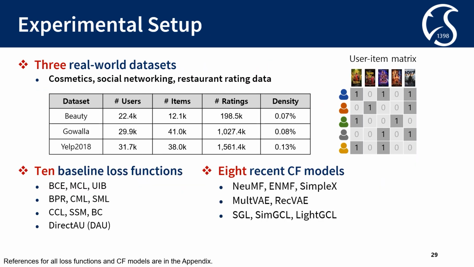In the experiment, we evaluated our method on 3 real-world datasets: Beauty, Gowalla, and Yelp. A commonly used recommendation dataset is a binary matrix: 1 if the user clicked on the item, 0 if not.